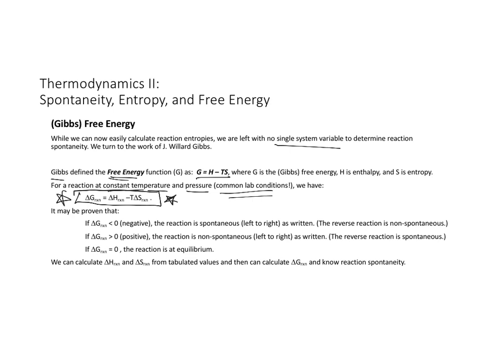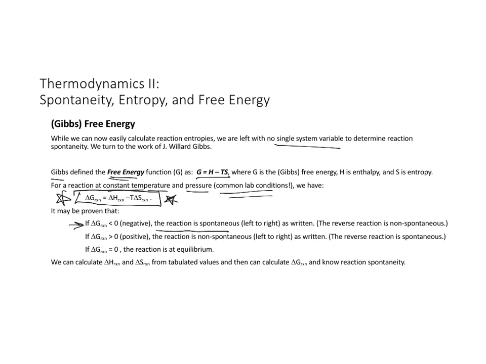It may be proven, though I don't do it here. If you need to see it, come and see me outside of class. It may be proven that if the free energy change of reaction is negative, less than 0, the reaction is spontaneous, left to right, as written. That means the reverse reaction has a positive delta G, and it's not spontaneous. G, again capital G, is a state function.